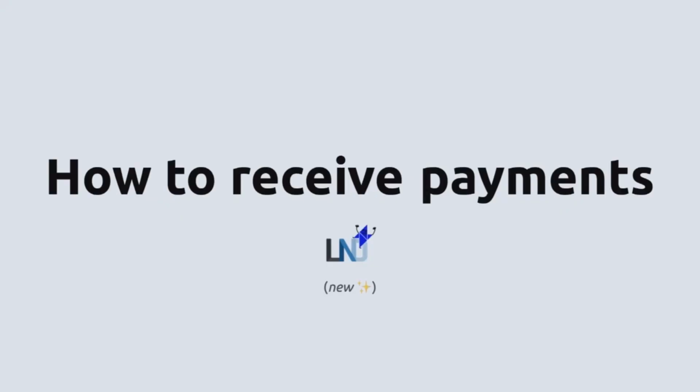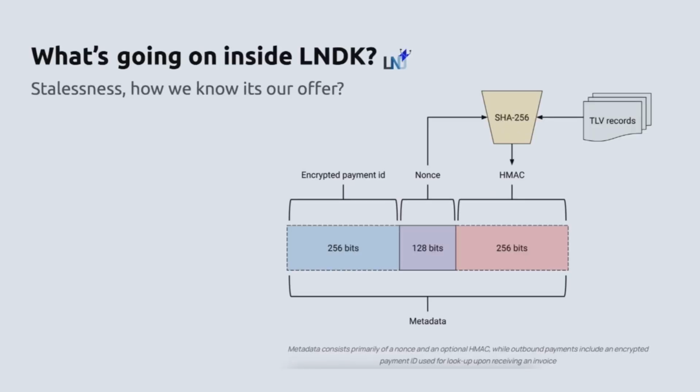So then how can I receive payments using the same? How does it work? First, we need to solve statelessness, because LND does not store BOLT12 and LNDK doesn't have state. So we need to store somehow and know when the offer is from us. One way of doing it, this is stolen from the LDK side.